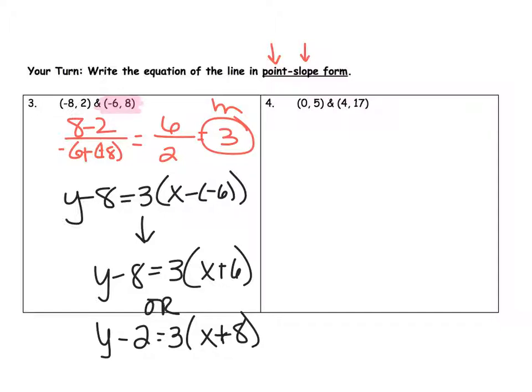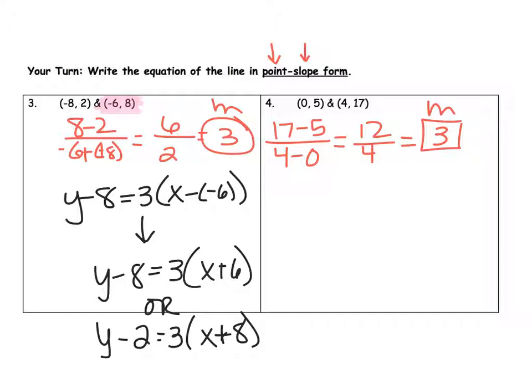Again, for this problem off to the side, I have 2 points, but I don't have a slope. So I need to go ahead and find my slope by finding my change in y over my change in x. 17 minus 5 is 12 over 4 minus 0, which is 4, which gives me another slope of 3. Choose a point from one of my points given.